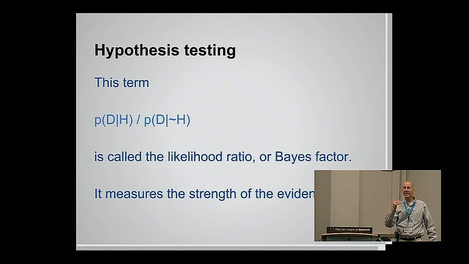So if it's exactly equal to 1, then the data were equally likely whether H is true or not, and that means that the data don't tell you anything about H at all. If that ratio is high, that means that your data were much more likely under H than under the alternative, and therefore your confidence in H goes up. If that number is very small, your confidence in H goes down. Make sense? So that's the Bayes factor.